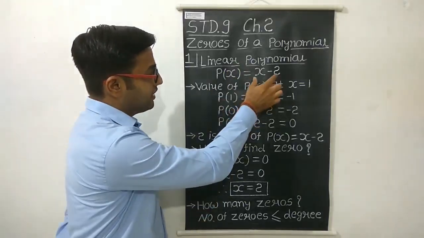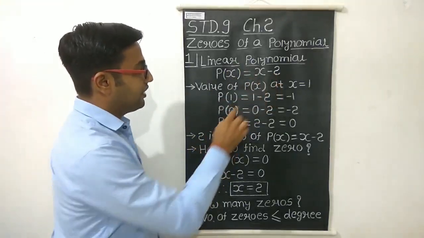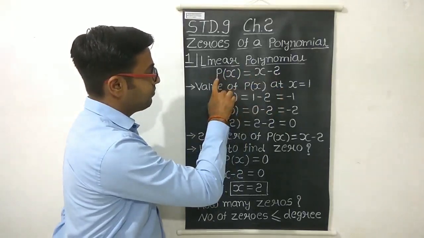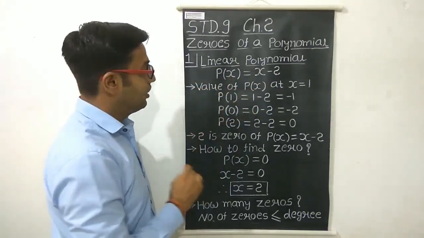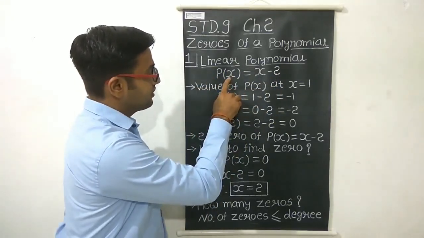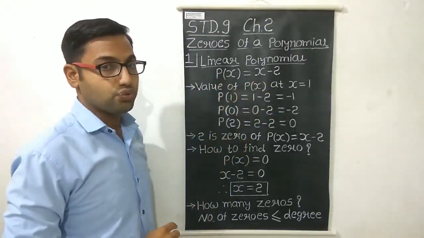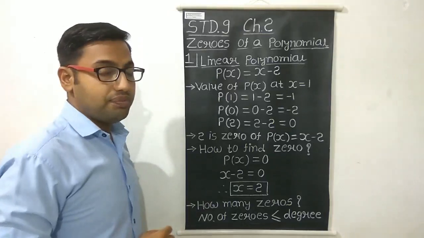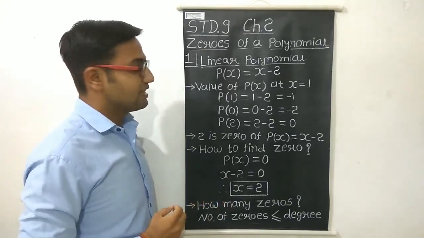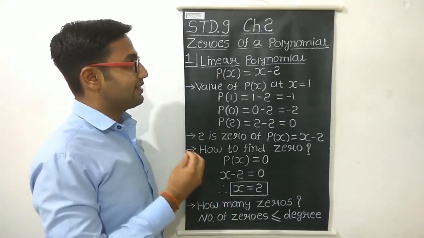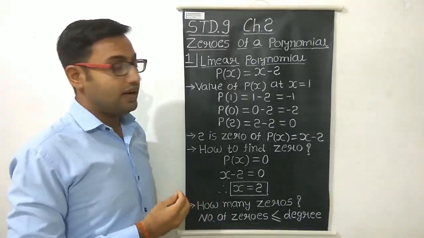So we can say that this is a polynomial and we denote this as p of x. Now, as there is a variable x, we write p of x is equal to x minus 2.